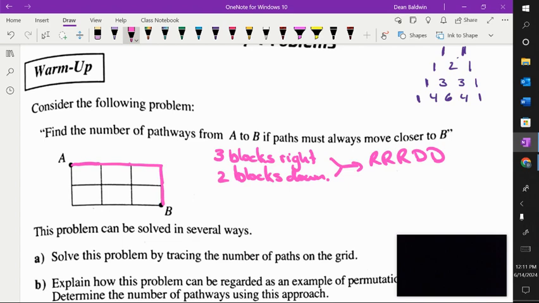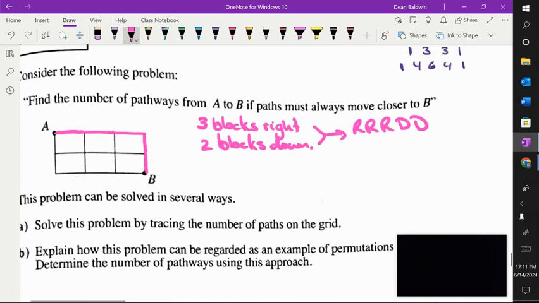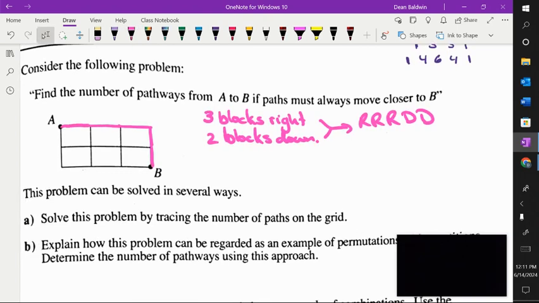People who are actually in Calculus 12, how many ways can I arrange these letters? R, R, R, D, D. 5 factorial. Thank you. Because you have 5 choices, 4, 3, 2, 1. And is this a combination?